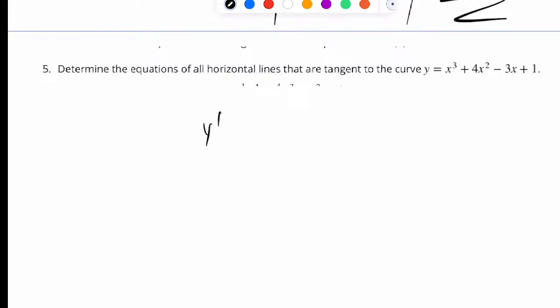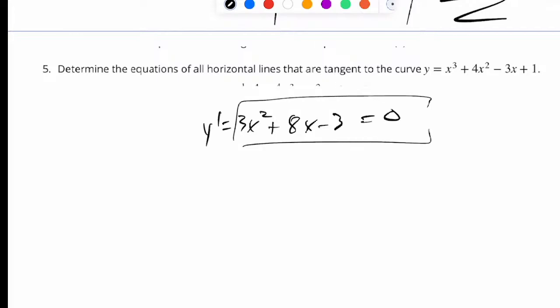Horizontal tangent means that the first derivative is 0. So I take my first derivative, I get 3x squared plus 8x minus 3, and you set this equal to 0, because you want to know when the first derivative is 0.